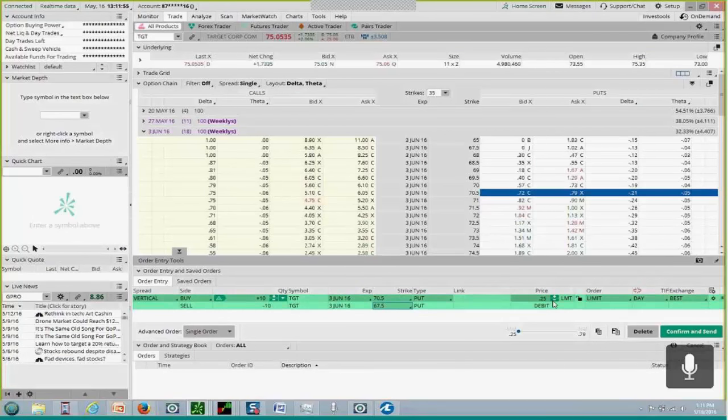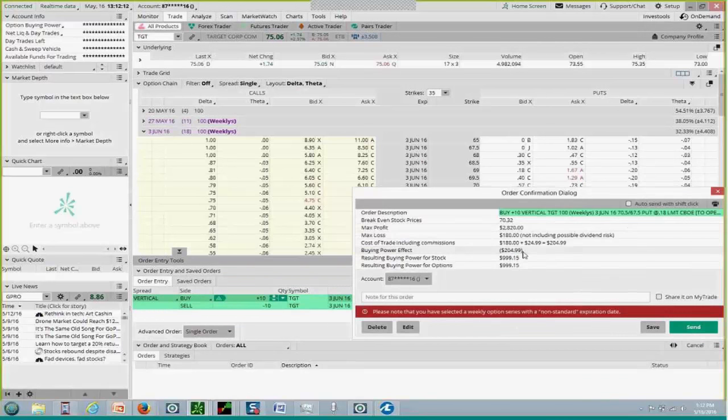Let's say that I want to do this trade for 18 cents. And I'm going to direct my trade to the Chicago Board of Options, CBOE. I'm going to buy 10, sell 10. If I click on Confirm and Send, it's telling me that it's going to have a negative effect of $204 on my account. It's not a big deal.